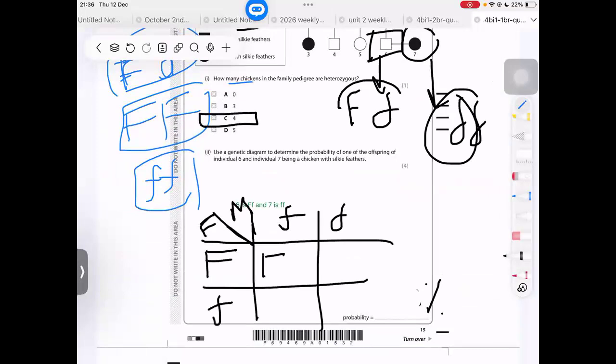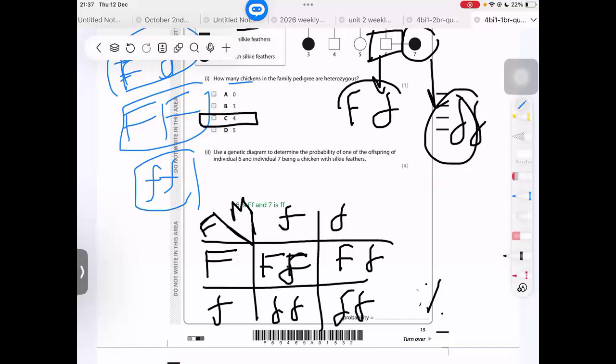Now you can find the possible genotypes in their offspring. Capital F, simple f can be there. Capital F, simple f again can be there. Simple f, simple f can be there. Simple f, simple f can be there.